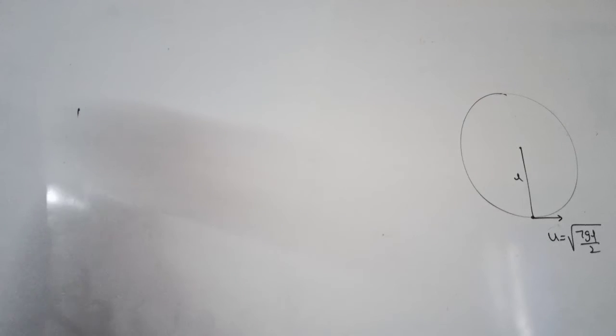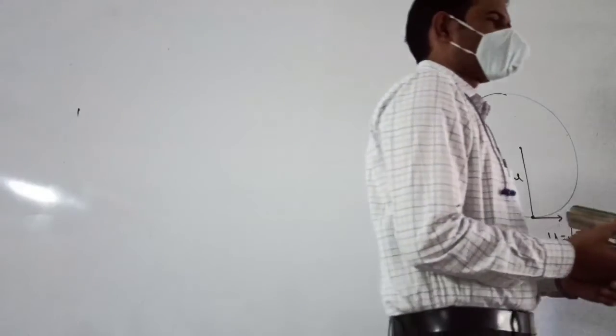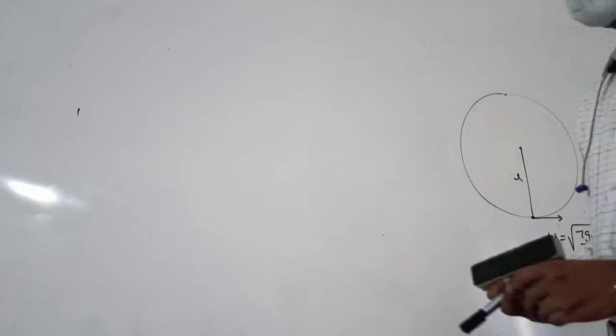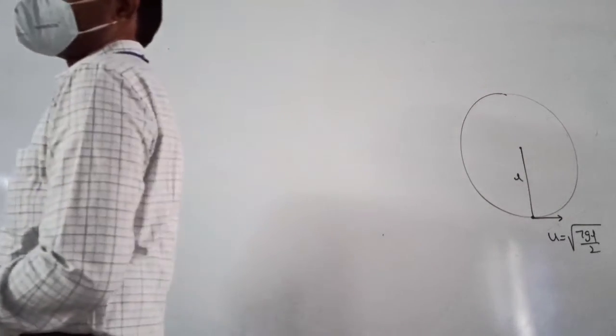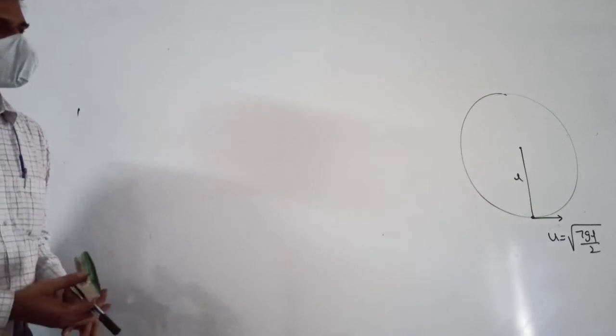Find the position where the particle leaves the circular track. Don't apply that formula. Write the force equation and then the conservation of energy equation and find that.